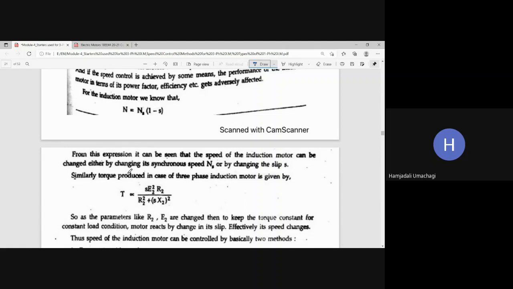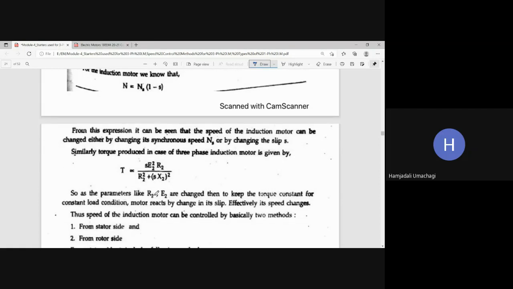Similarly, the torque equation of the three-phase induction motor is given by torque T directly proportional to sE2 square R2 divided by (R2 square plus (sX2) whole square). As parameters like rotor resistance and E2 are changed, then to keep the torque constant for constant loading condition, the motor reacts by changing its slip. Effectively, its speed changes.